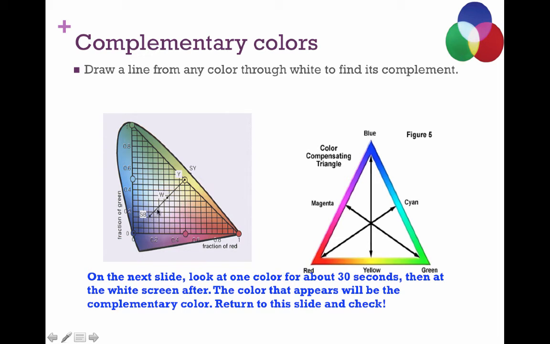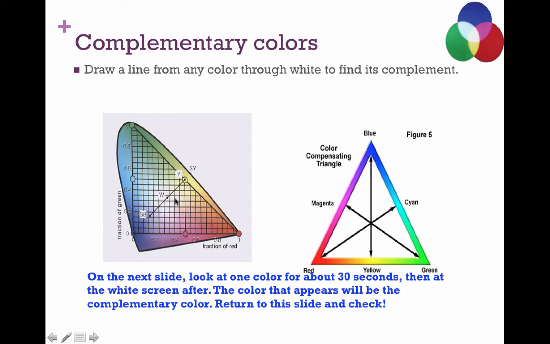So I would take out my little ruler or just make a rough estimate of the number of squares I've gone through to white, go an equal number of squares past, and I would hit yellow. That means yellow and spectral blue are complements. And I want to mention here that yellow and this point here, blue, are not complementary colors. In fact, it's yellow and this color, blue. So it's important to be careful about which two colors actually add to make white.